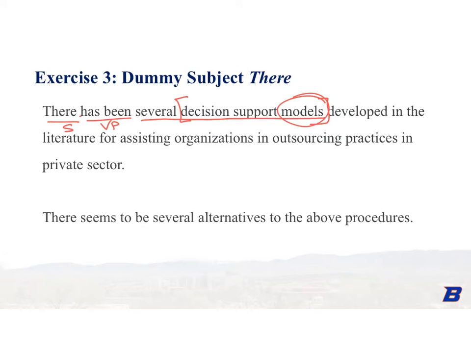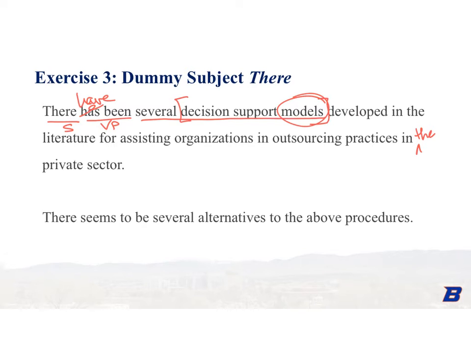So this would need to be "have." So: "there have been several decision support models developed in the literature for assisting organizations and outsourcing practices in the private sector." And I would actually put a "the" there. I think you could probably have "private sector" without an article, but it sounds a little confusing. And the rest of the sentence makes sense and sounds okay.